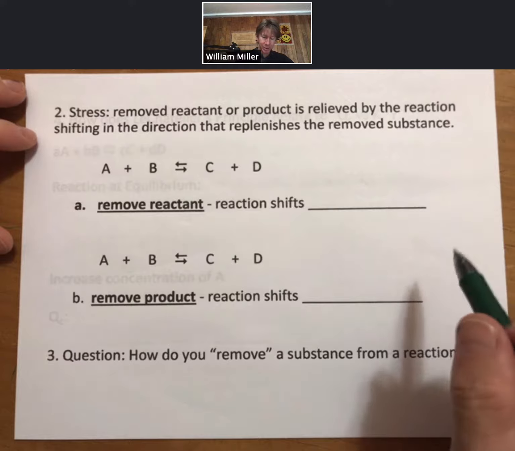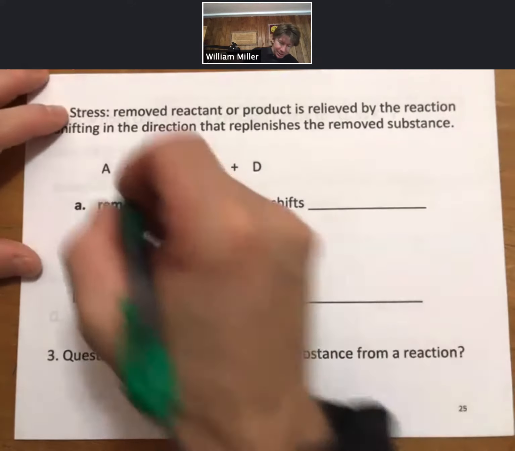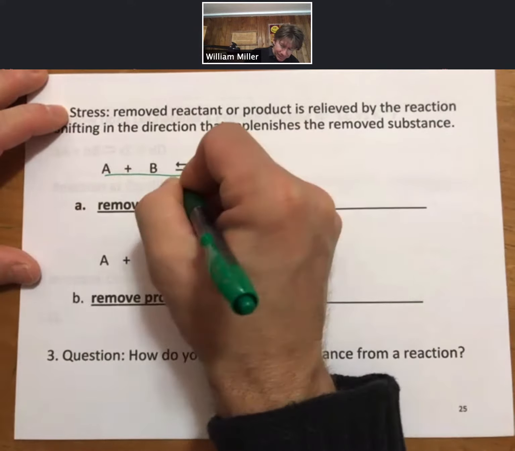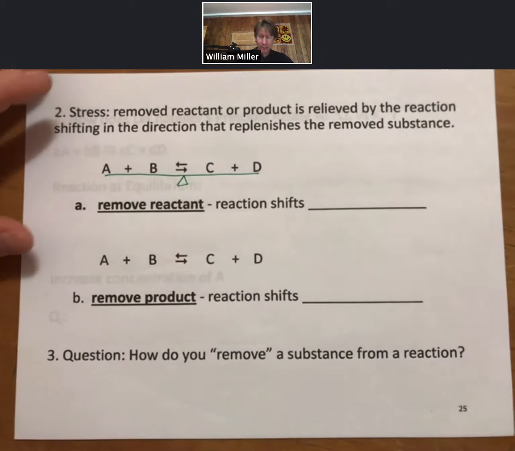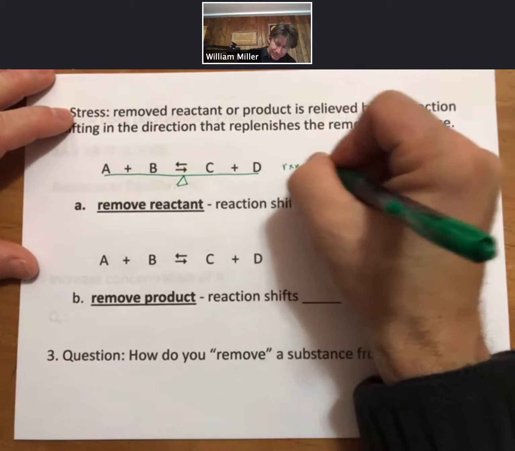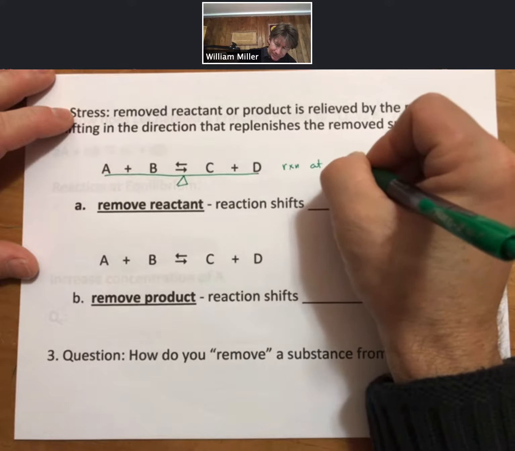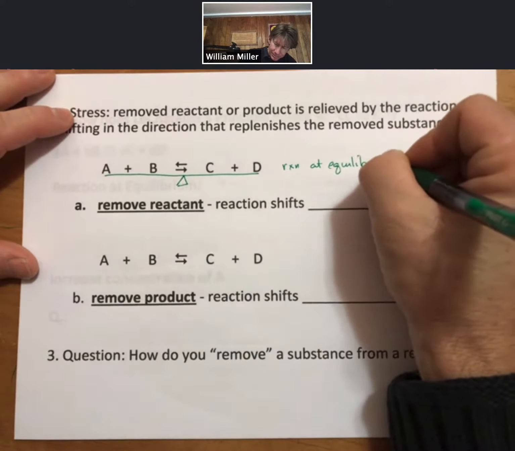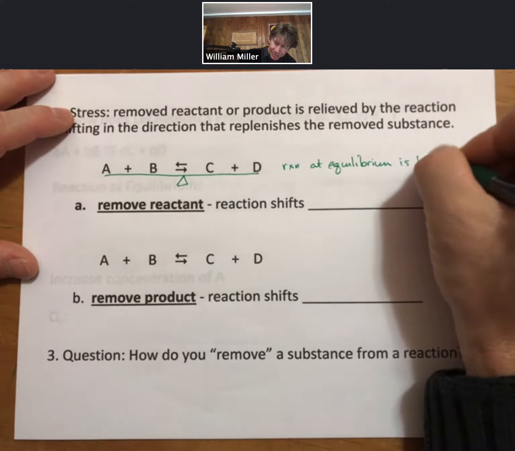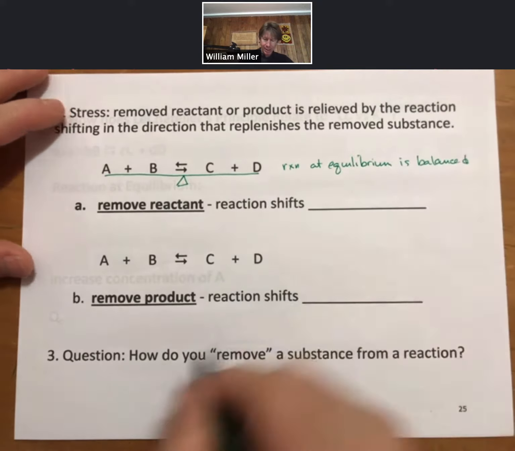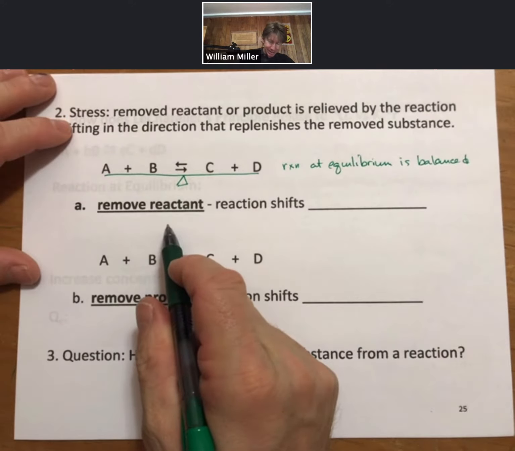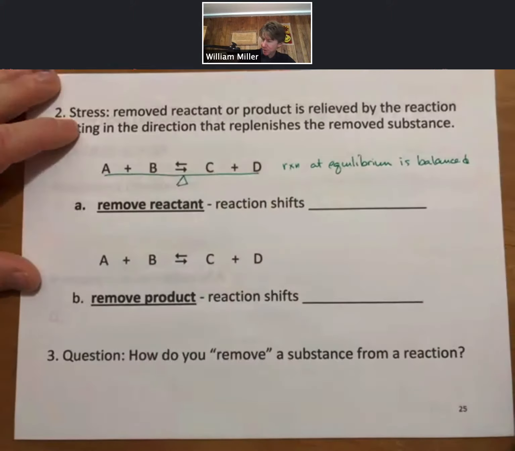So now we're going to be removing things. Here's our reaction at equilibrium, and it is balanced. Then we remove reactant.